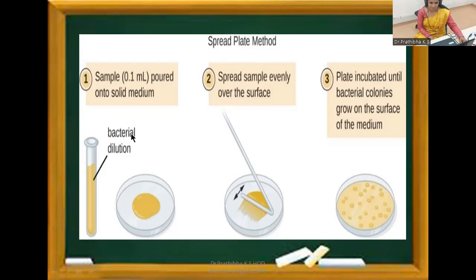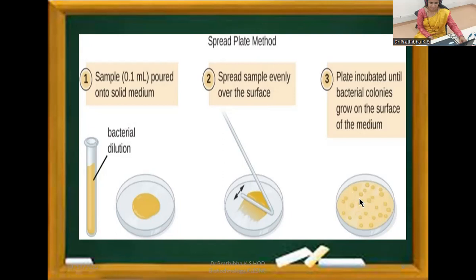Here you could see the bacterial dilution poured onto the solid medium, then the sample is spread evenly over the surface using an L-shaped or triangle-shaped glass rod. Then the plate is incubated until bacterial colonies grow on the surface of the medium.